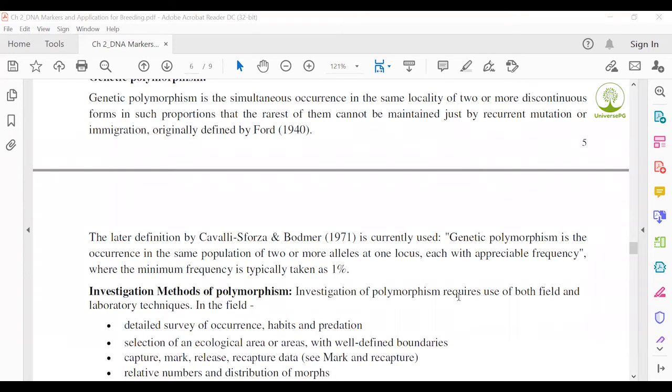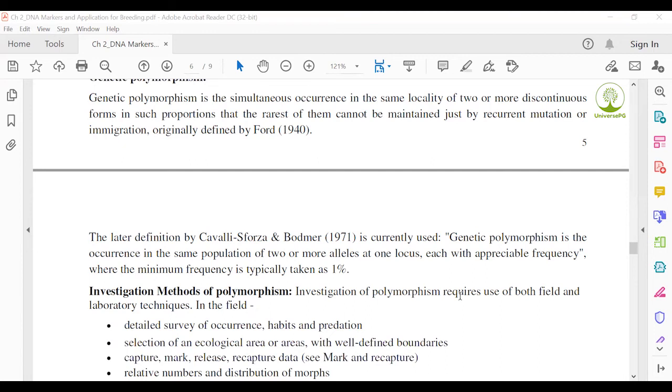Genetic polymorphism is the occurrence in the same population of two or more alleles at one locus with appreciable frequency, where the minimum frequency is typically taken as 1%.